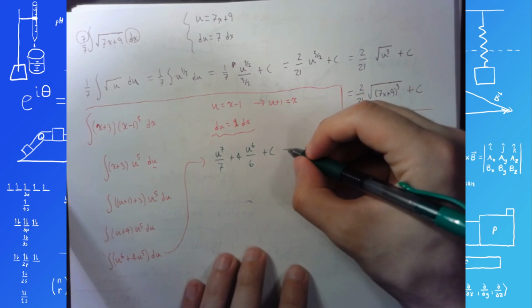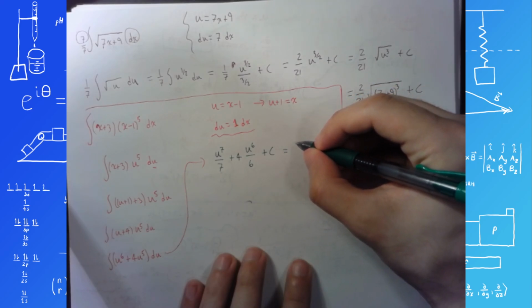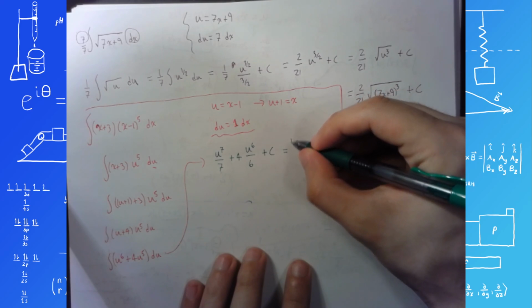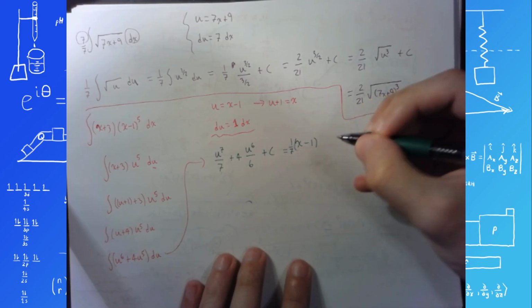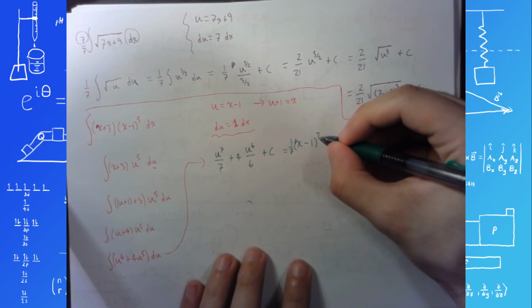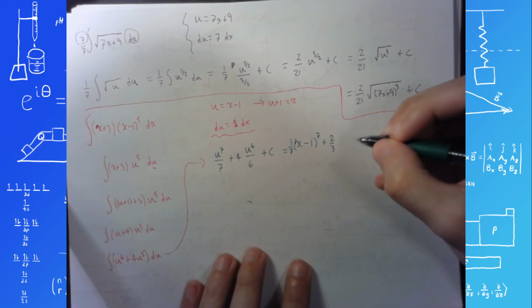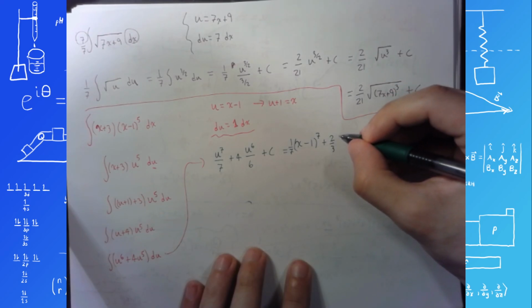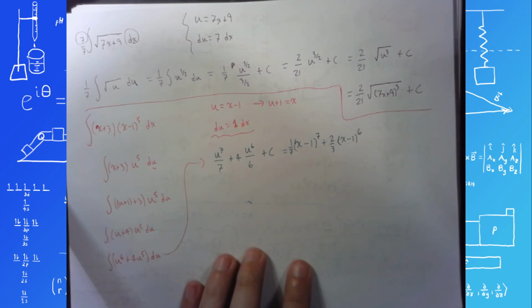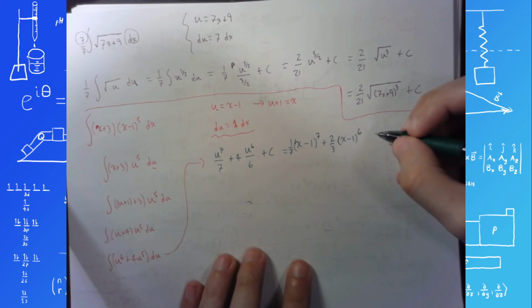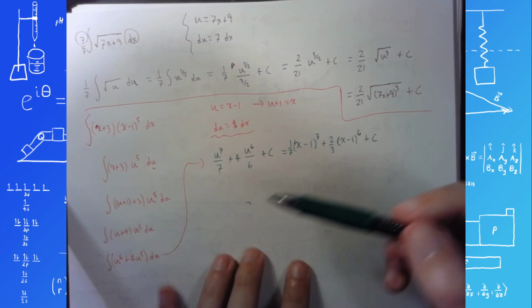So that becomes 1/7 of x minus 1 to the 7th, plus 4/6 is 2/3, and then x minus 1 to the 6th, and plus c. Did I do all that right?